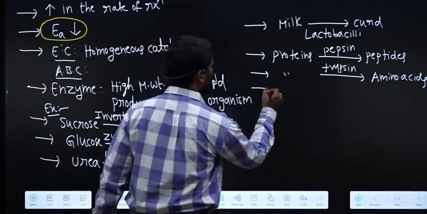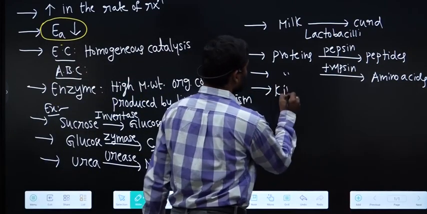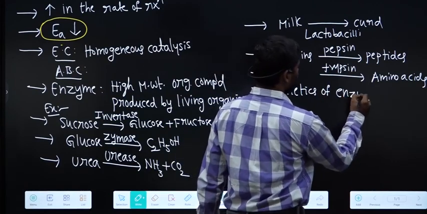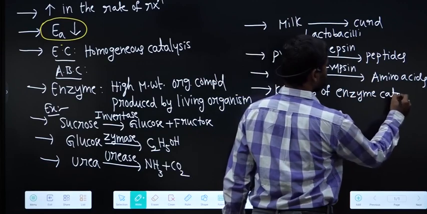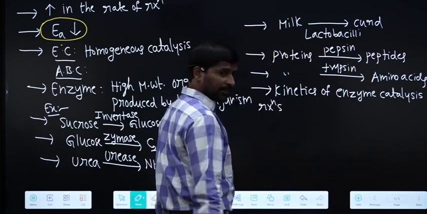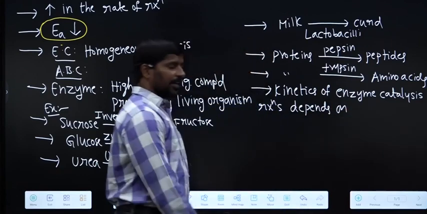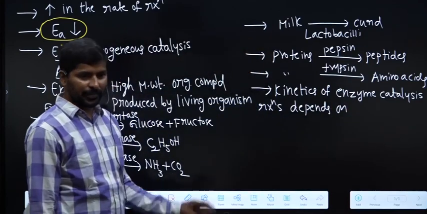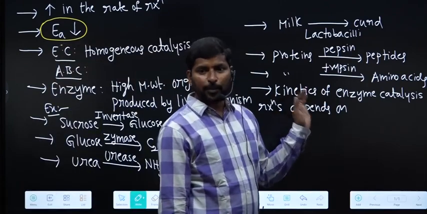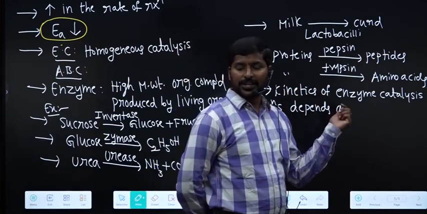Next, mainly we have to study kinetics. Kinetics is important here, kinetics of enzyme catalysis reactions. Kinetics of enzyme catalysis reactions depends on the concentration of substrate, temperature and pH.